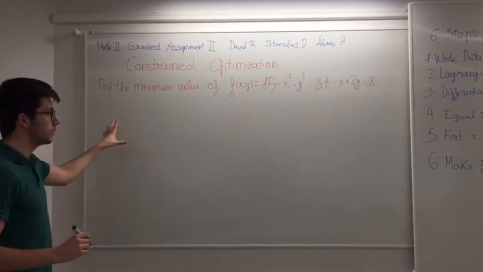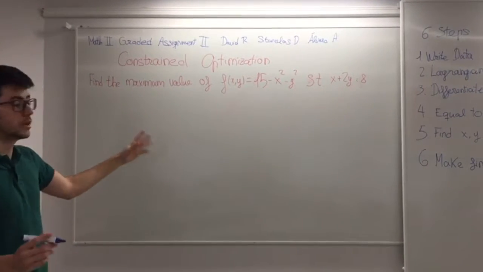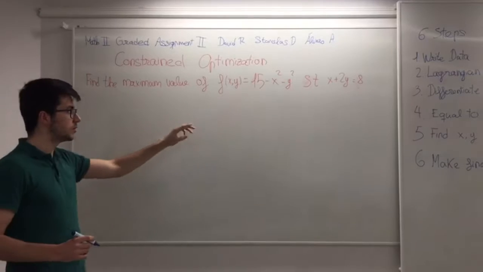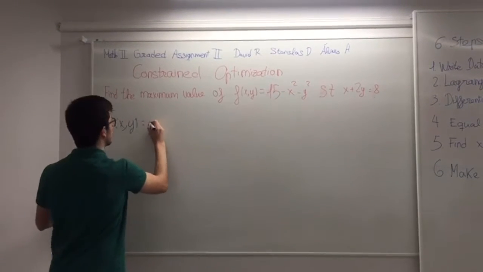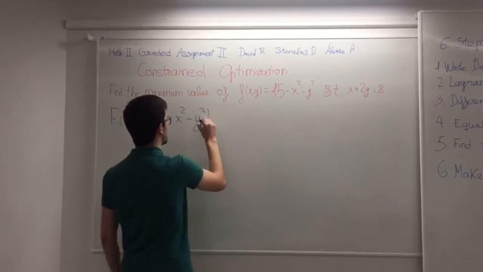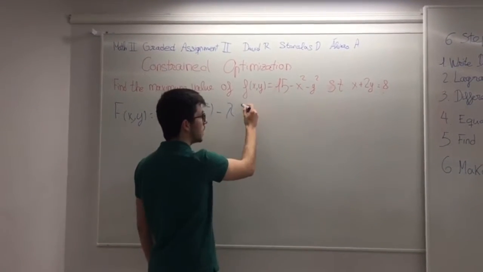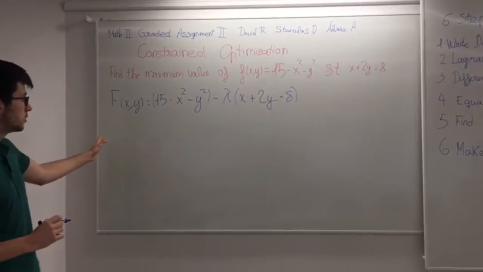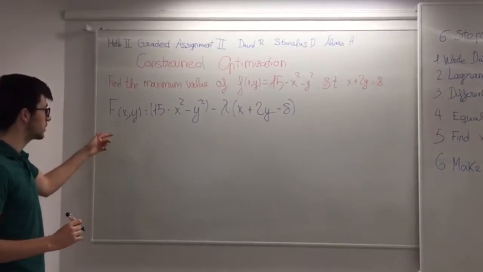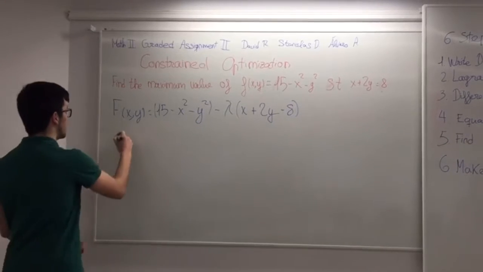So we already wrote down the data of the exercise, and now we will put these two equations into the Lagrangian function. Now we're going to differentiate this with respect to x and with respect to y.